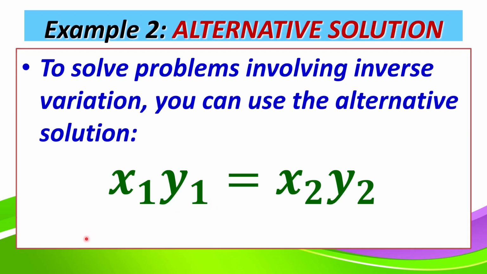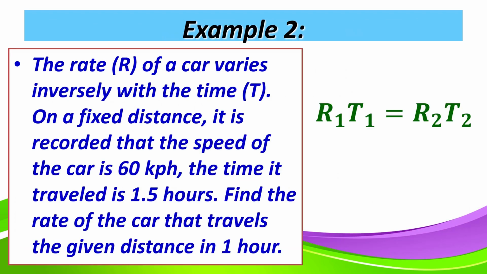Alternative solution to solve problems involving inverse variation: use the formula x sub 1 times y sub 1 is equal to x sub 2 times y sub 2. Let's try example 2 using the alternative solution. So r sub 1 times t sub 1 is equal to r sub 2 times t sub 2.